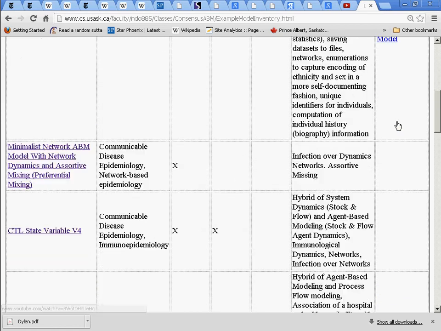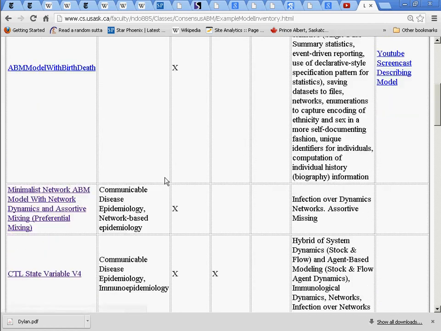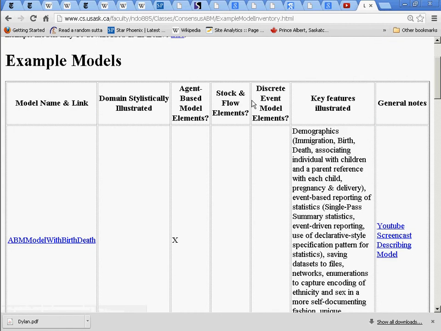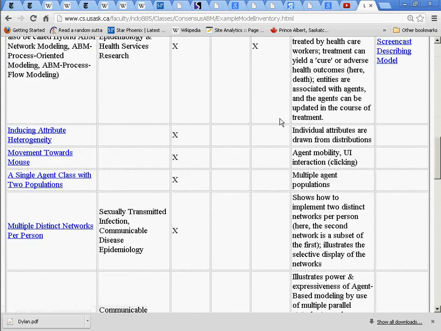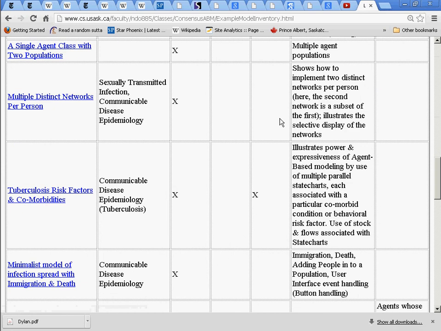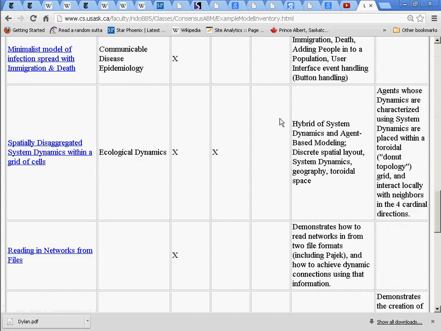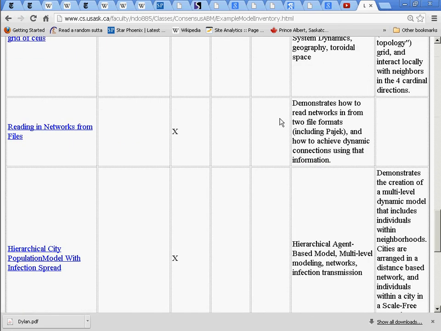In some cases, there are links to YouTube screencasts describing them, and I highlight which of the three elements supported by AnyLogic, agent-based modeling, stocks and flows (system dynamics), or discrete event modeling, are represented. You'll notice there are quite a few hybrid methods, and those may be worth a look.